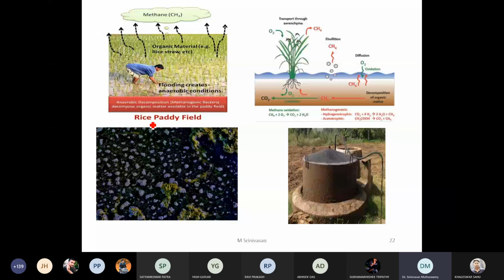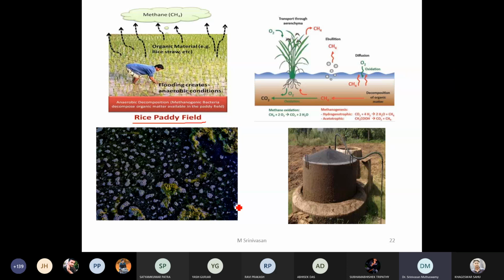So these are the places where we can see the rice paddy field. It is flooded with water, and it forms a perfect anaerobic condition for the growth of these methanogenic bacteria. By decomposing the organic matter below the water level, they produce methane. Rice fields are an example of how they can contribute to the greenhouse gas rise in the atmosphere.